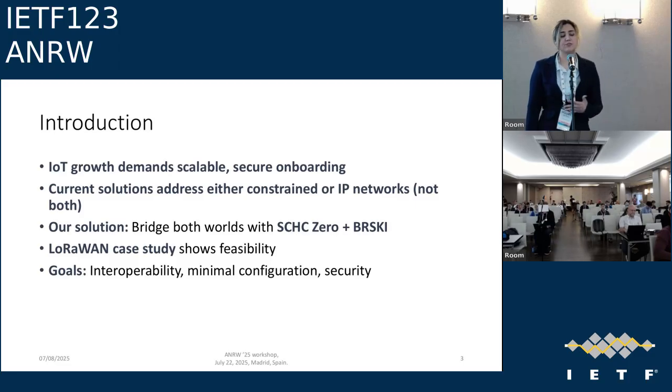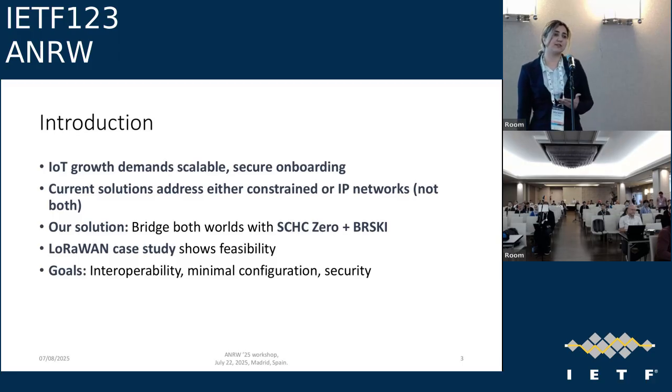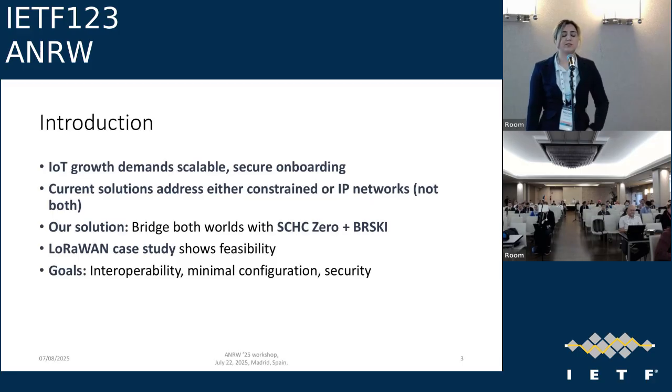So our solution is to bridge both worlds using SCHC0, which is a context we defined, inside the Static Context Header Compression, which is an RFC defined by the SCHC working group, and using BRSKI, which is the Bootstrapping Remote Secure Key Infrastructure, defined in the ANIMA working group as the secure onboarding solution in the IP network.